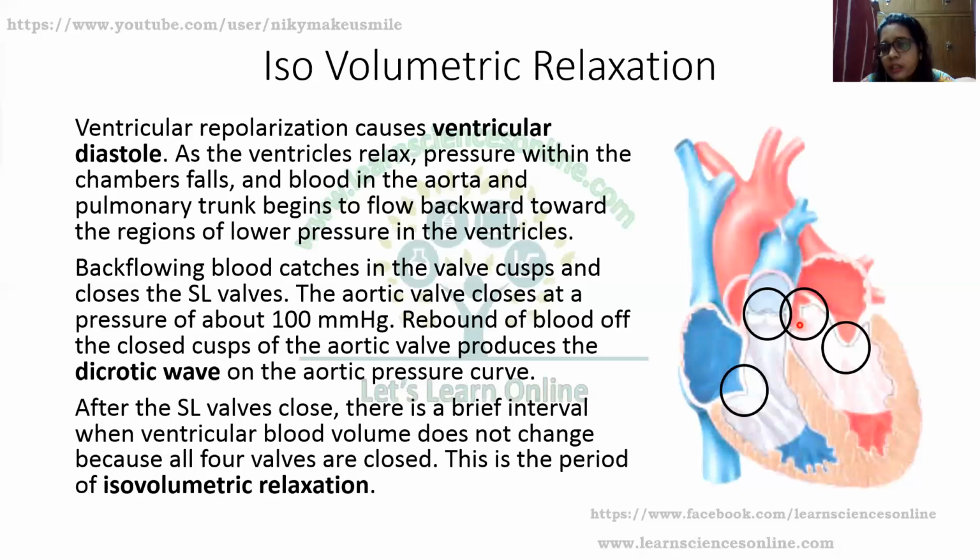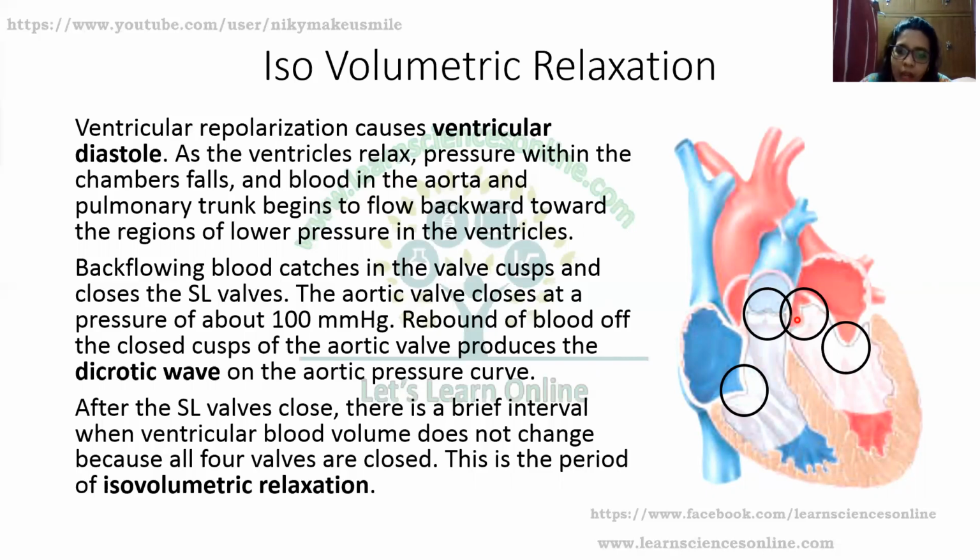So when the pressure in the aorta and the pressure in the pulmonary trunk surpass the pressure in the ventricle, then the blood starts to backflow, from pulmonary trunk to ventricle and from aorta to left ventricle, and it makes these semilunar valves get closed.